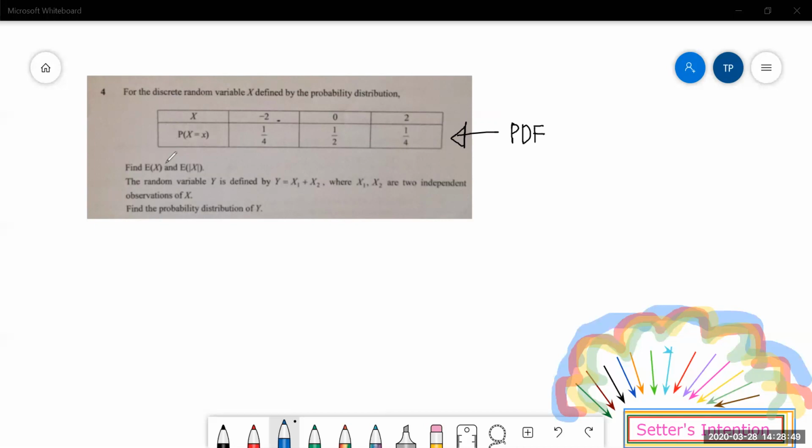They ask you to find expectation of x and expectation of mod x. Very easy. Okay, expectation of x, no problem. But what about expectation of mod x? Just mod the x. Exactly, you're right. Basically, it's summation of mod x times its probability.